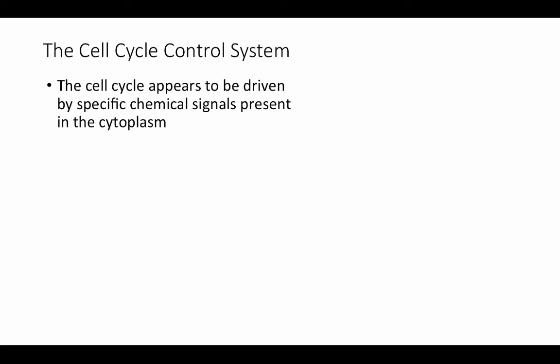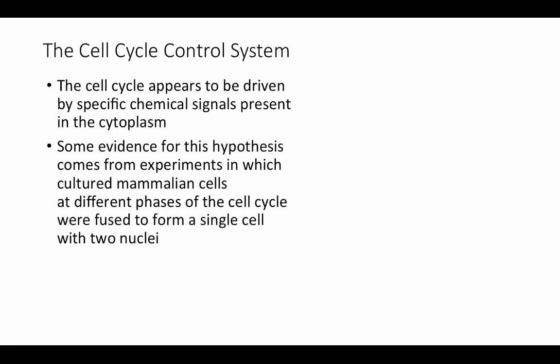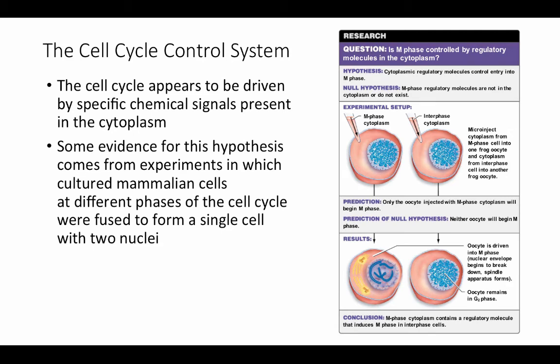So the cell cycle appears to be driven by specific chemical signals present in the cytoplasm. Some evidence for this hypothesis comes from experiments like the ones described in your book, in which cultured mammalian cells at different phases of the cell cycle were fused to form a single cell with two nuclei. But this can also be seen in different kinds of experiments where we simply transplant cytoplasm from cells in different phases of the cell cycle.